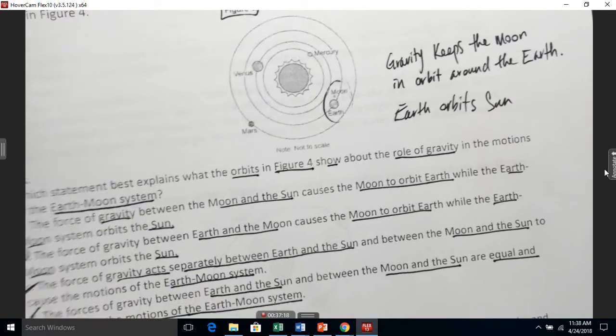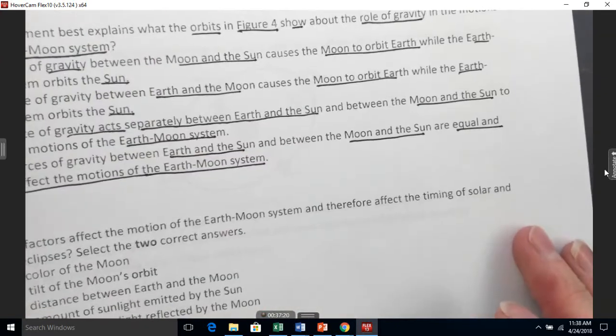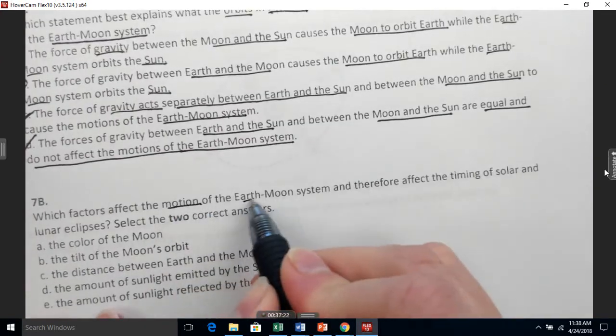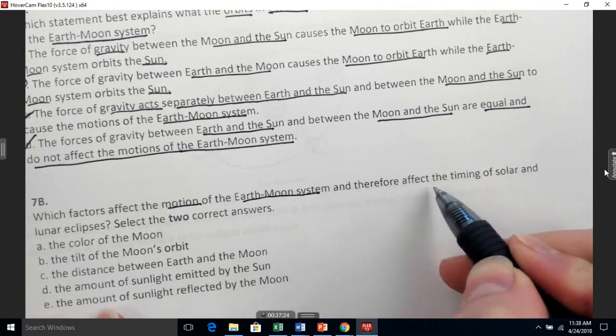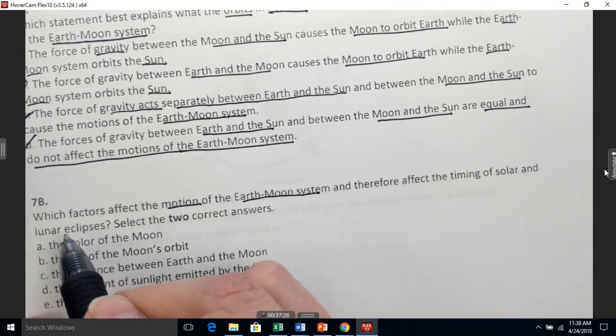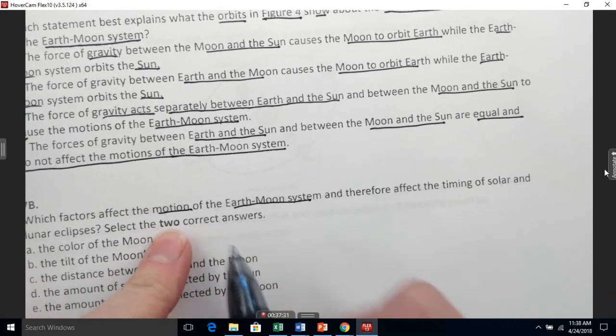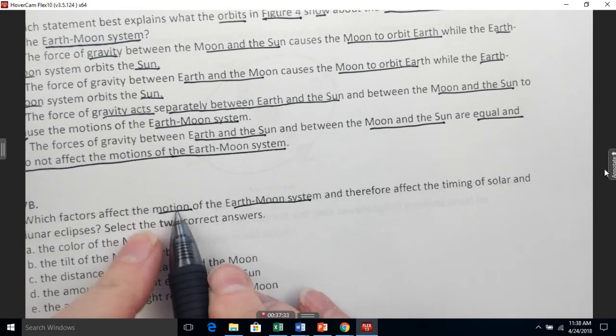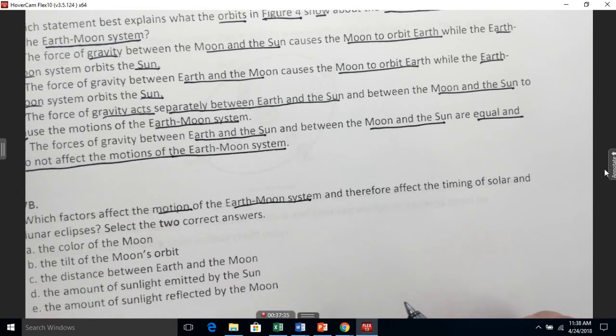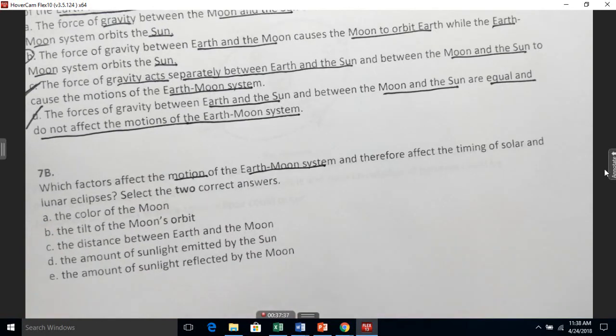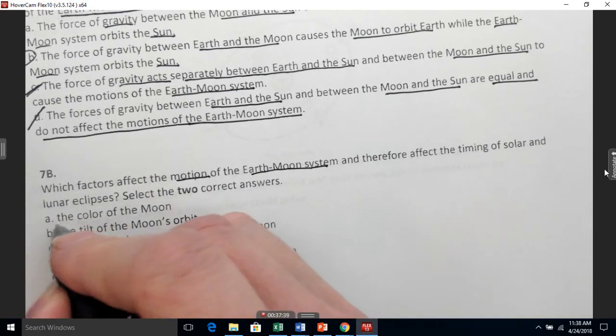Number 7B. Which factors affect the motion of the Earth-Moon system and therefore affect the timing of solar and lunar eclipses? Select the two correct answers. Okay, so now, what is affecting the motion of the Earth-Moon system? Please tell me you did not choose A. I did not.